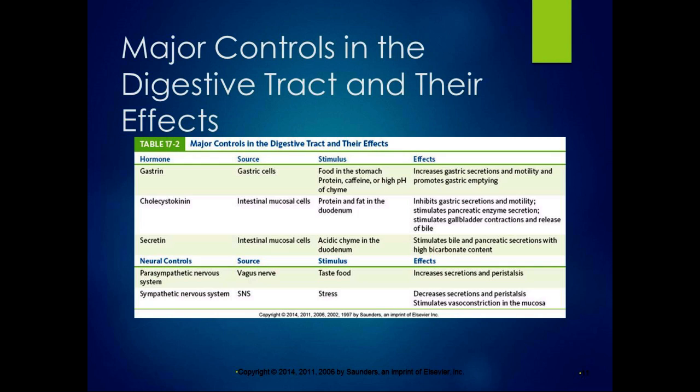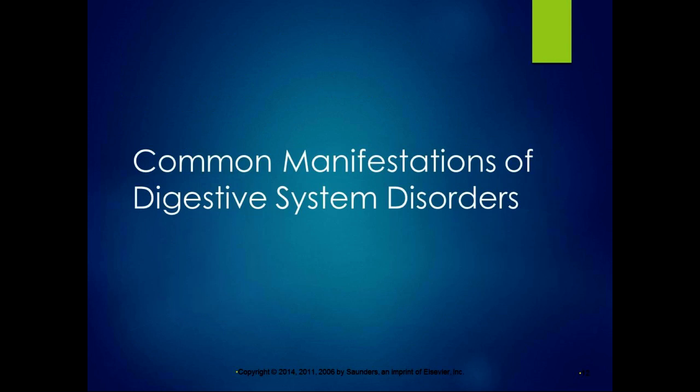So it increases secretions and peristalsis, helps you with digestion. The sympathetic nervous system is the fight or flight system, and it shuts down secretions, or it decreases them and peristalsis, because if you're running from a tiger, you really don't have time to sit there and digest your food. That's the idea behind that. So we're not going to go into the details of all those things, but just as a little review.